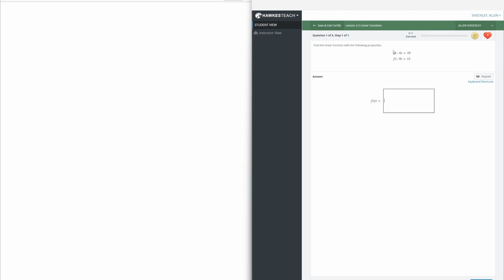So when we first look here, this is actually two sets of coordinates. This is a very complicated way just to say that I have a coordinate at -4, 10, and that I have a coordinate at -9, 11.